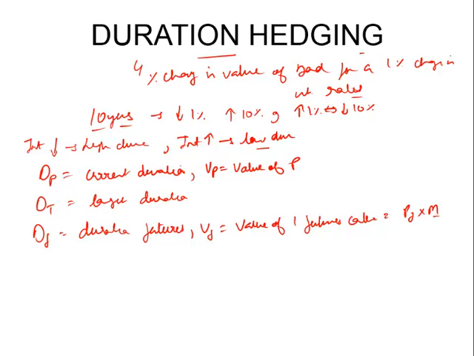So let's assume that interest rates go up to the extent of delta y. If interest rates go up by delta y percent, then what will be the change in the value of the portfolio? It will be minus duration of the portfolio into the value of the portfolio into delta y. This will be the loss.